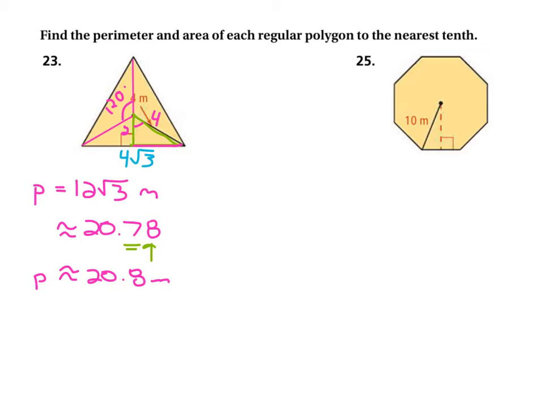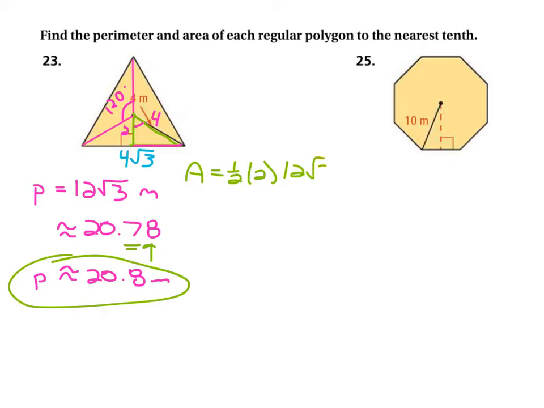Okay, that's half of our answer because they also want us to find the area. Now we could use the perimeter and say the area is equal to 1/2 the apothem length, which is 2, times the perimeter, and I'm going to use the exact perimeter that we found of 12 root 3.